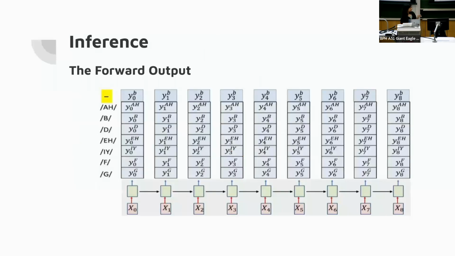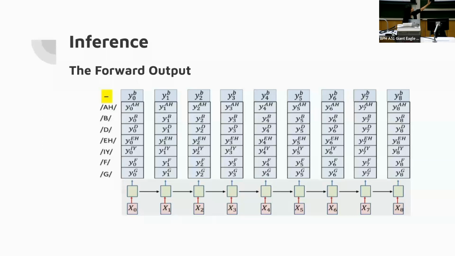Now during inference, what do we do? During inference, we don't know the order, right? We don't know what the output order should be. So for that, we use different algorithms like beam search, greedy search, and others, which we'll cover. For inference, we just have this forward output, wherein LSTMs are there and we have the probability distributions.